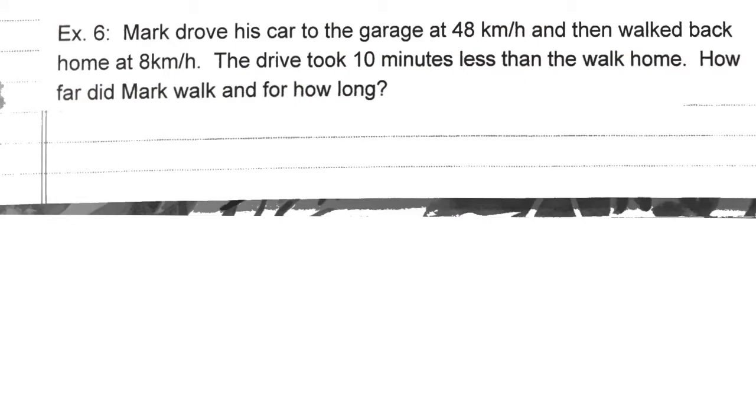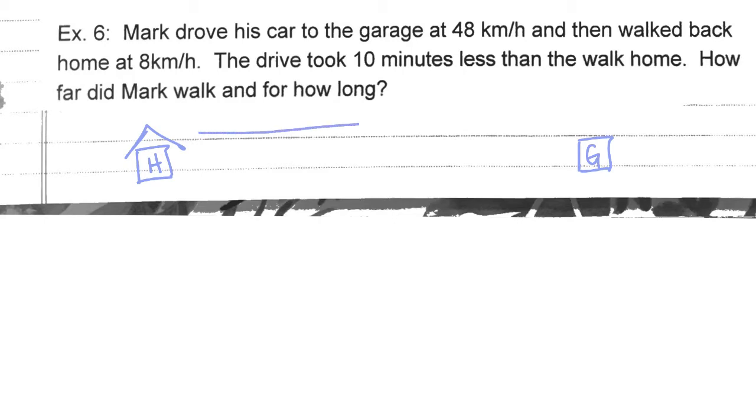All right, we're going to work on a word problem. These word problems get a little bit complex, but remember that we could set up charts. But I always encourage my students to draw a picture first. So it's talking about Mark. Mark drove his car to the garage at 48 kilometers per hour and then walked back home. So notice he has his home and he has the garage. I won't put a roof on the garage.